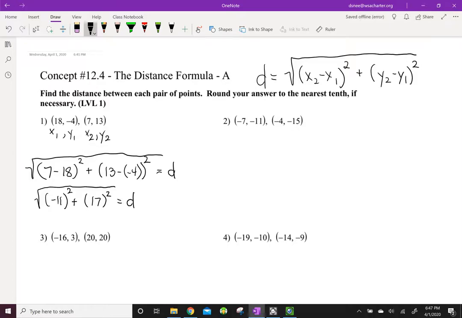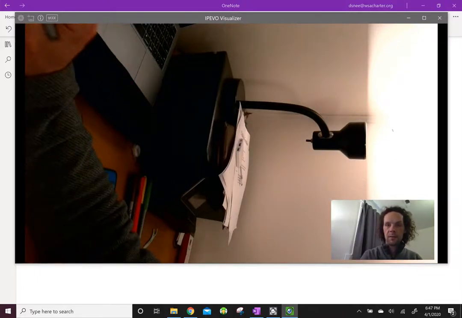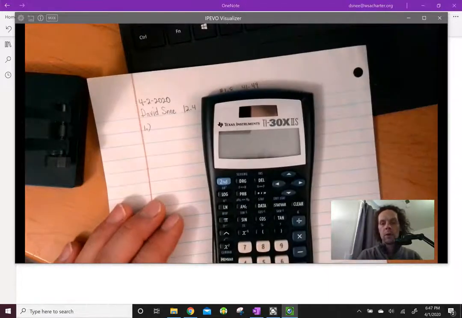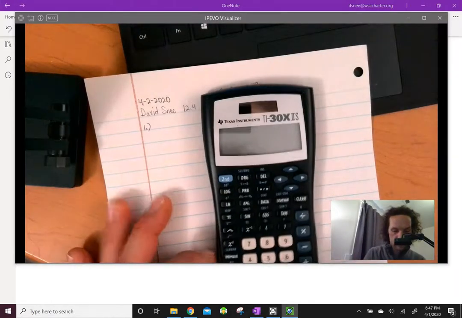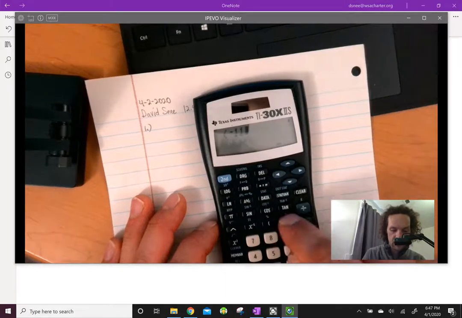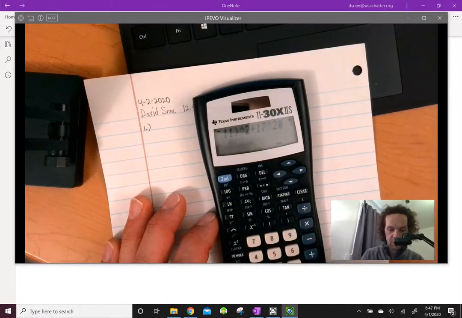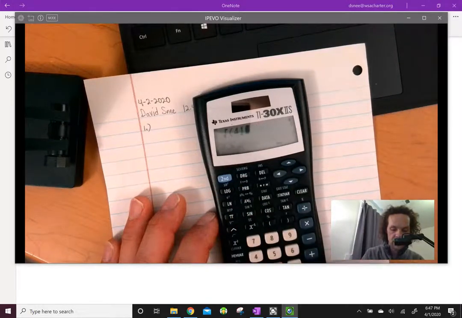And you know what? I'm gonna grab my calculator here and check this out. Negative 11 squared and 17 squared. Okay, let's try. Negative 11 to the second power plus 17 to the second power equals, so we're looking for the square root of 410.